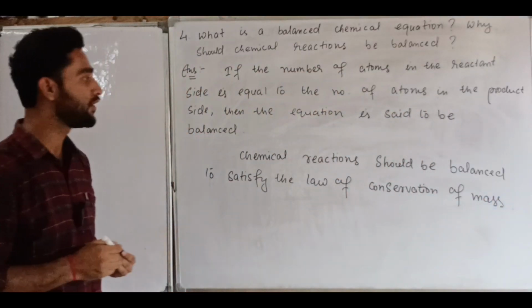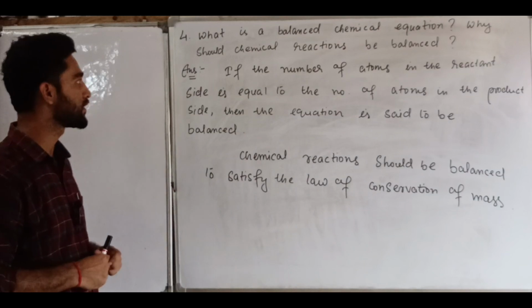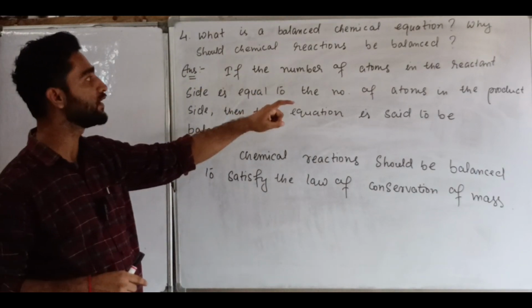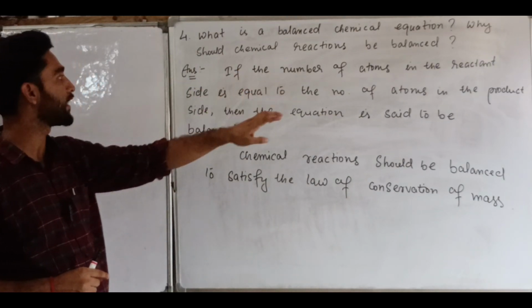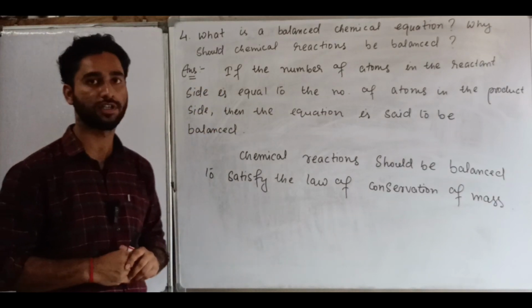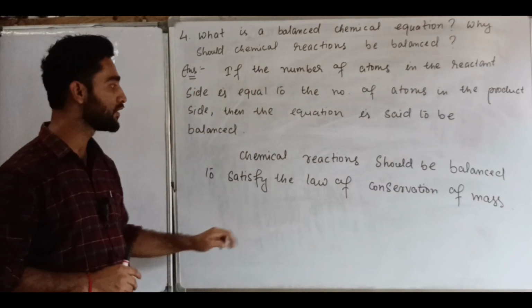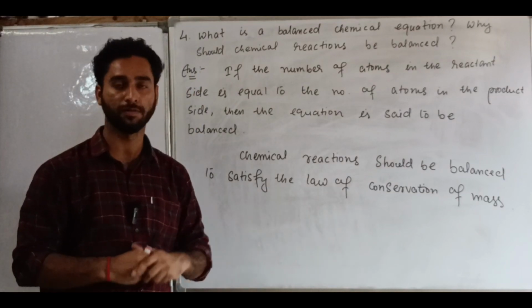So what is a balanced chemical equation? If the number of atoms in the reactant side is equal to the number of atoms in the product side, then a chemical equation is said to be balanced. Why should we balance chemical equations? To satisfy the law of conservation of mass.